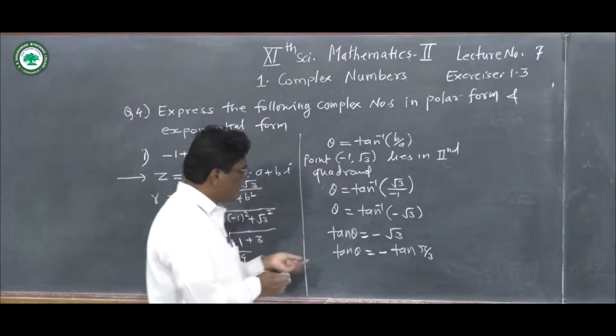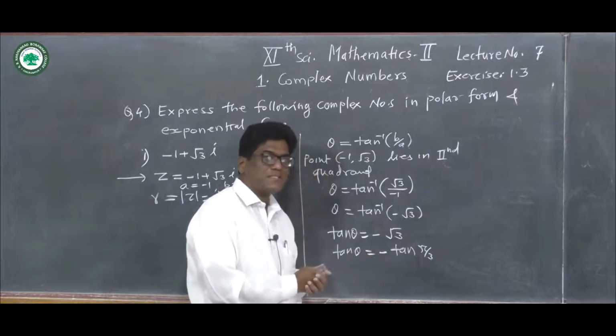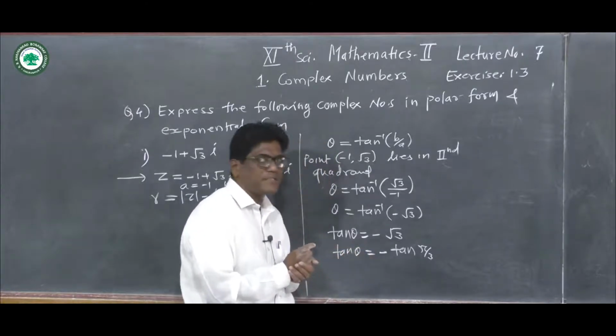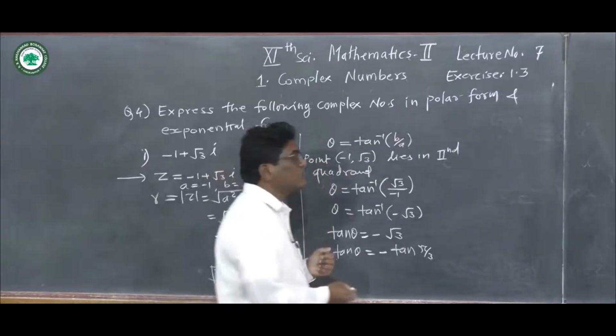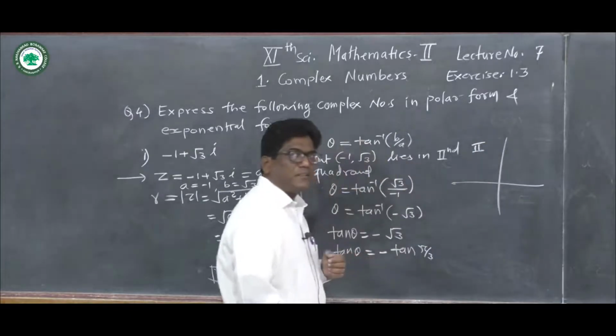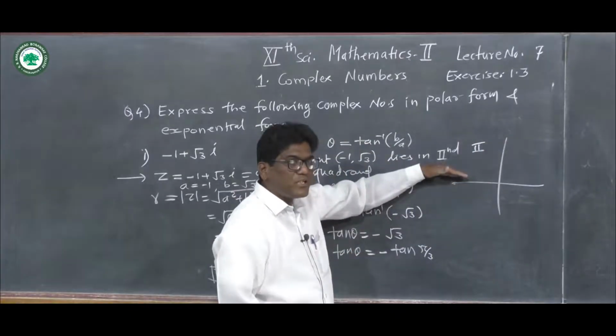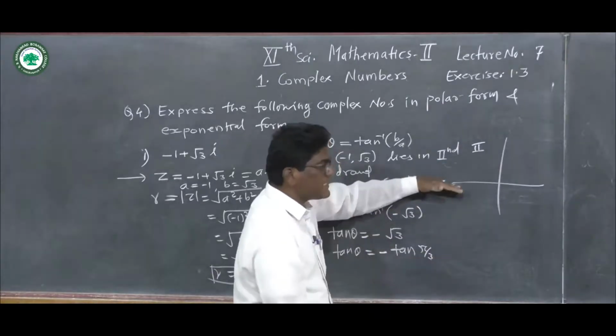But see here, on the left side it is plus and on the right side it is minus. So we have to remove this minus sign. And since this point lies in which quadrant? Second quadrant. The point lies in the second quadrant, so the angle is in the second quadrant. So it is less than 180. 180 means pi. It is less than pi.